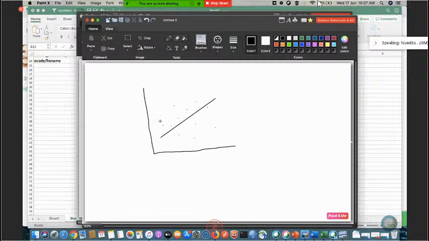Sorry, the other way. Income is on y and age is on x. If we estimate this line, then we have y equal to mx plus c. Here y is income.